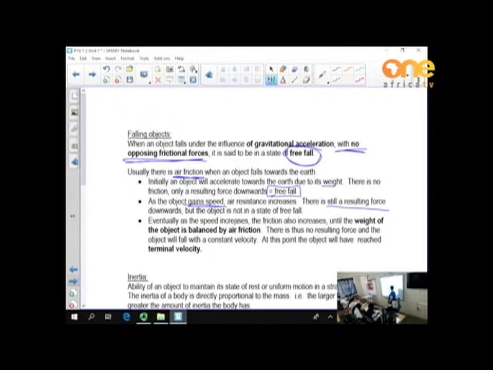Eventually, as the speed increases, the friction becomes more until the weight of the object is balanced by air friction. And at that point, there is no resulting force. So the object will fall with constant velocity, and this maximum constant velocity is the terminal velocity of the object.